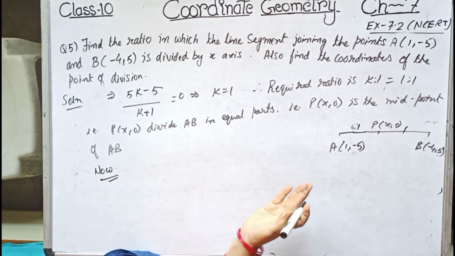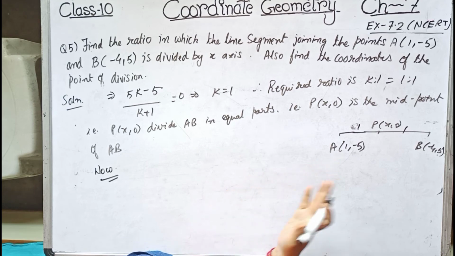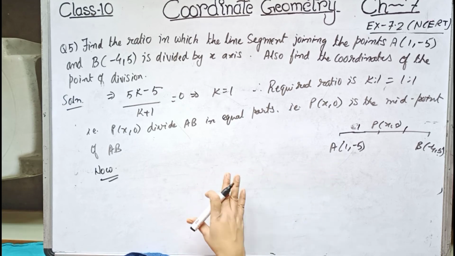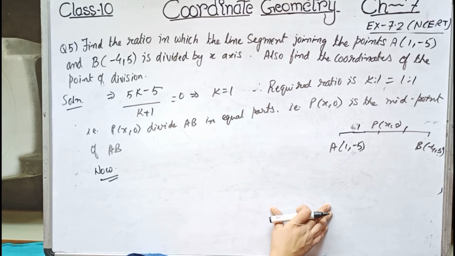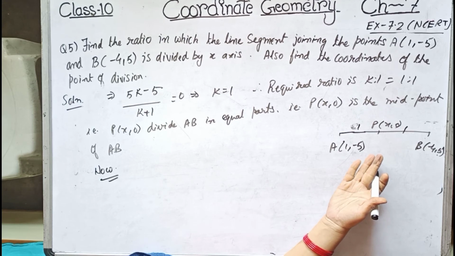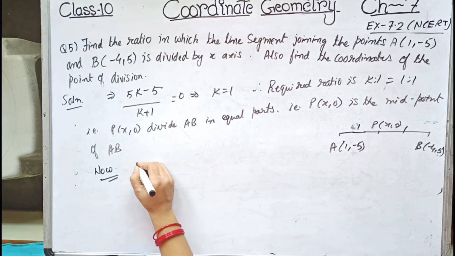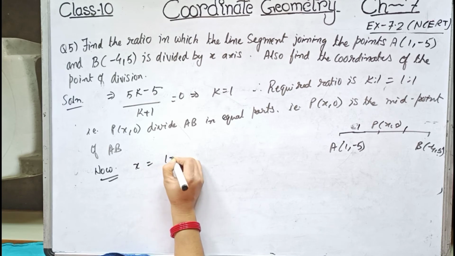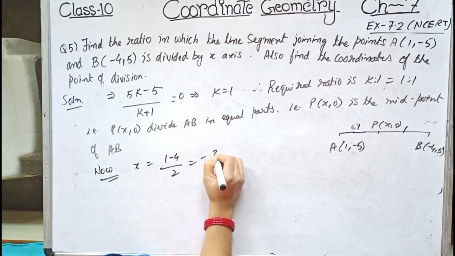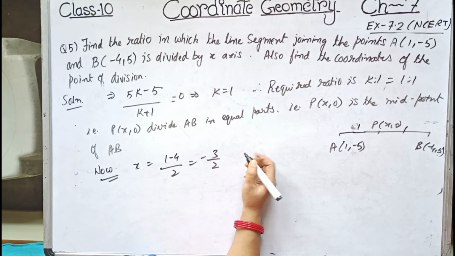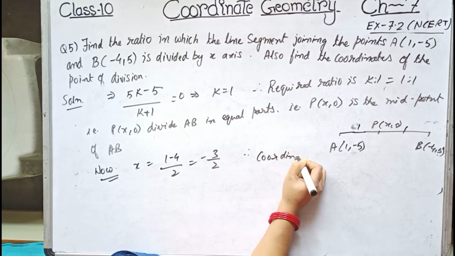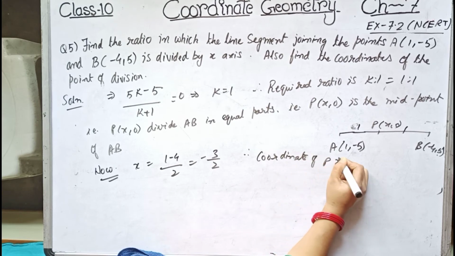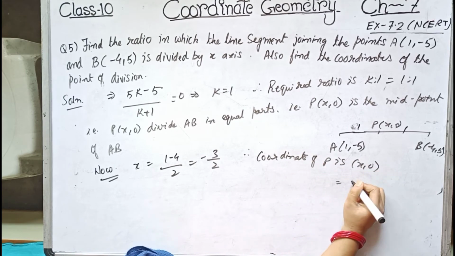We can put the value of k, that is 1, in the section formula which we derived earlier, or we can directly use the midpoint formula. Now x equals (1 minus 4)/2, that is minus 3/2. Therefore the coordinate of P is (x, 0) equals (-3/2, 0).